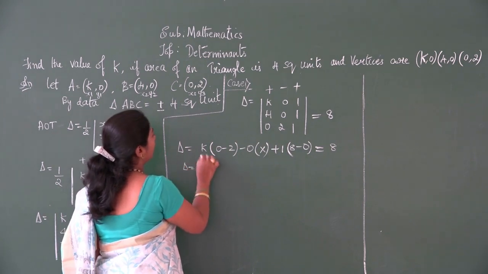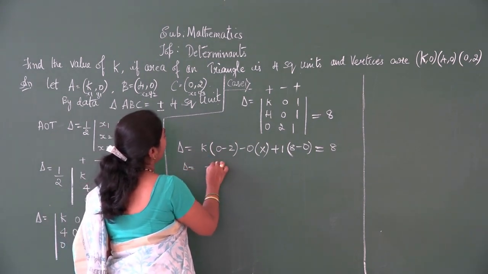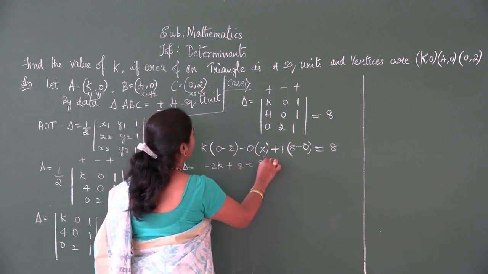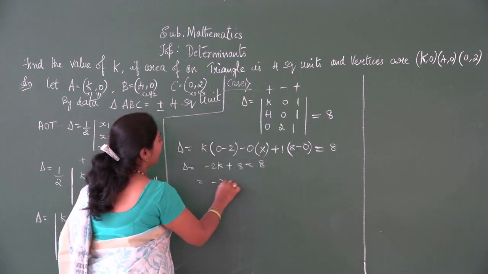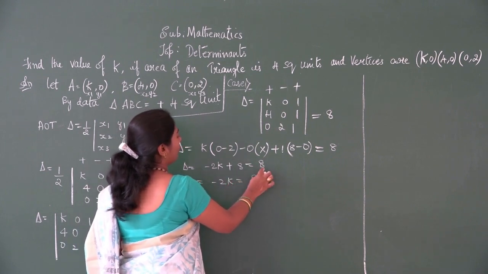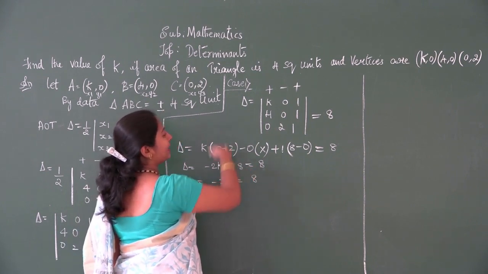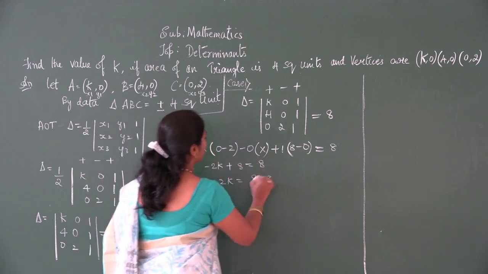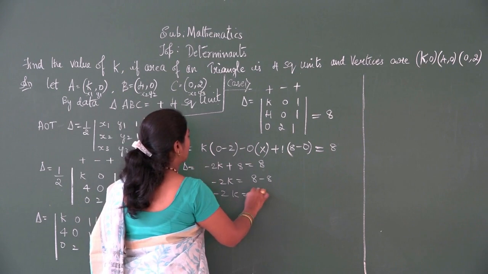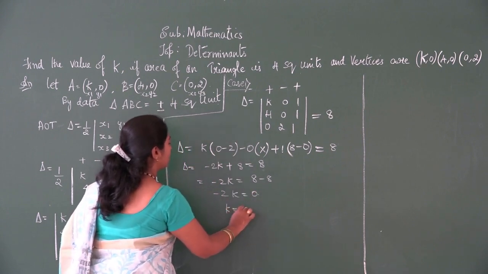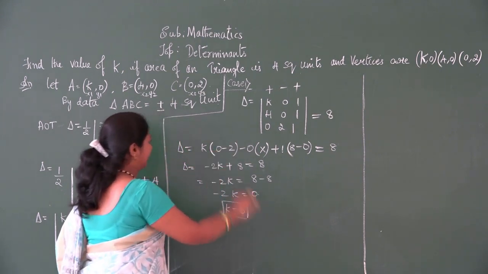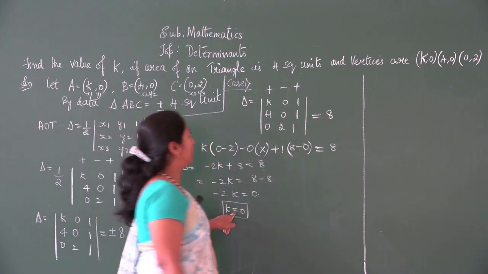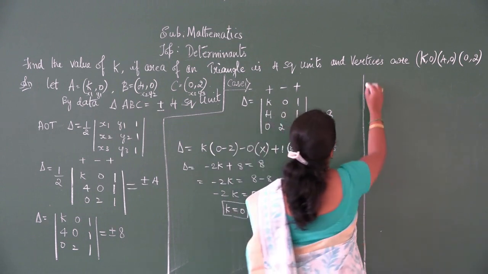So, delta equal to 0 minus 2k plus 8 equal to 8. So, minus 2k, 8 on the RHS remains as it is, plus 8 when it goes to RHS becomes minus 8. So, what is 8 minus 8? Minus 2k is equal to 0. Therefore, one value of k will be 0. When we consider plus 8, one value of k will be 0. Similarly, moving on to case 2.